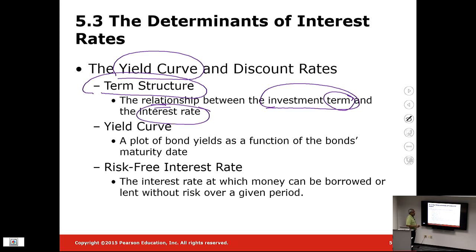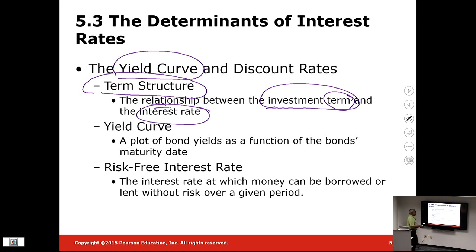Generally speaking, if we are invested in the market for a longer period of time, then we would view that our investment is at greater risk, and we may demand that the compensation for that greater risk is higher, thus interest rates will be higher for longer term investments.